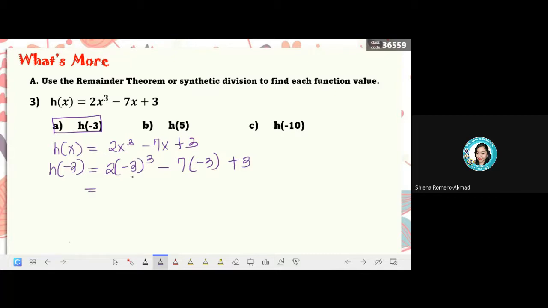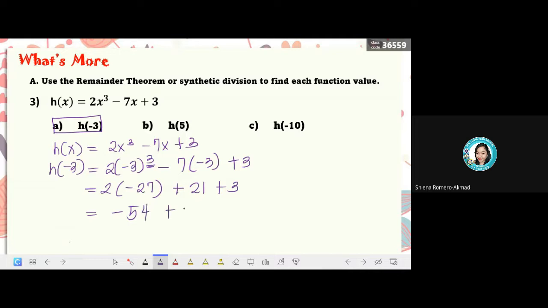So what is negative 3 cubed? It is 27, and that is negative, because it is an odd power, so the answer should be negative. Then negative 7 times negative 3 is positive 21, plus 3. 2 times negative 27 is negative 54.